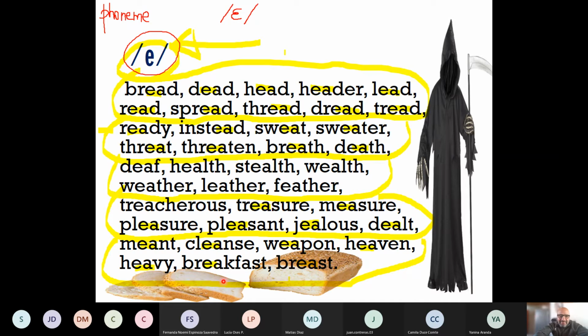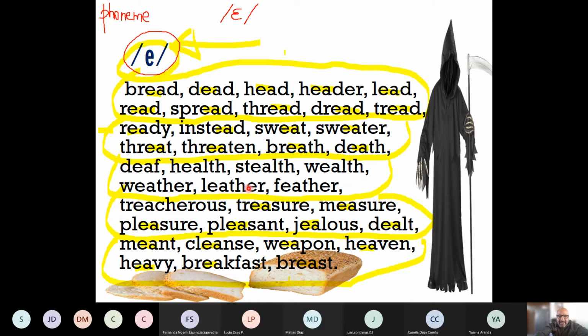But when we put together break and fast, the pronunciation is breakfast. And the last one is breast.